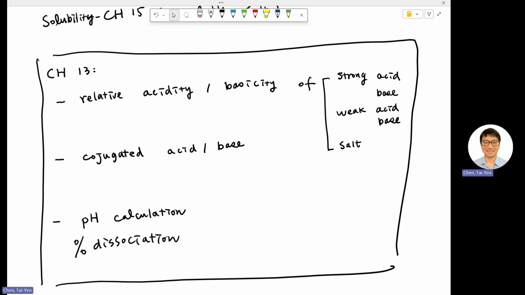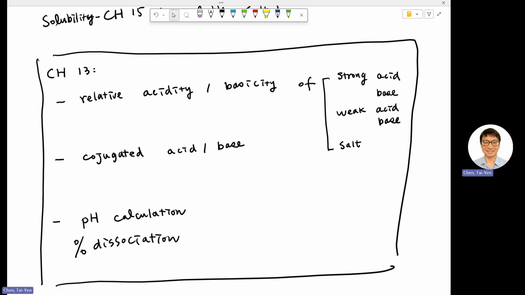If I show you two chemicals, how can you tell which one is a stronger acid or base? That's the kind of thing you want to become very familiar with. When we talk about acid and base, you should know that there are strong acid, strong base, weak acid, weak base, and buffer. Those are the 5 different kinds of solutions you're going to have for CHEM1312.